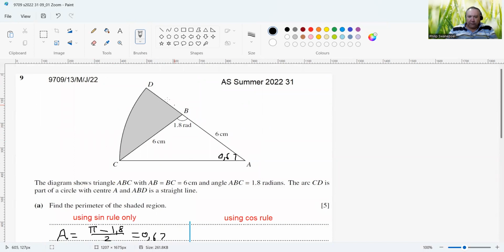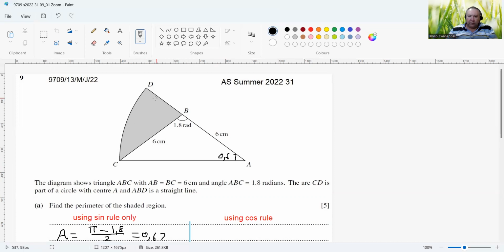Now we could split this whole AD, which is also 9.4, into the 6 and the DB. You can see this side BC is 6, and then if we calculate DB, it will just come back to the total of 9.4.